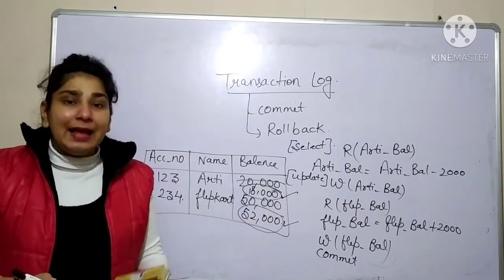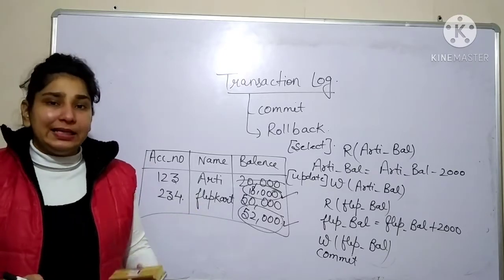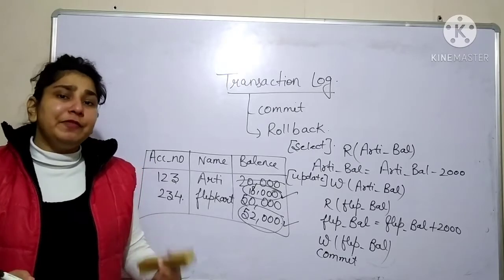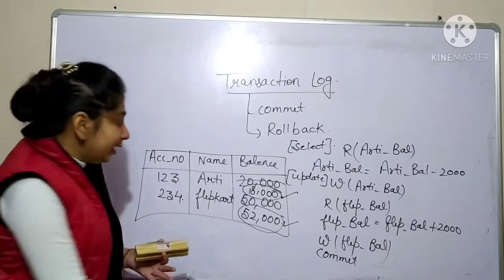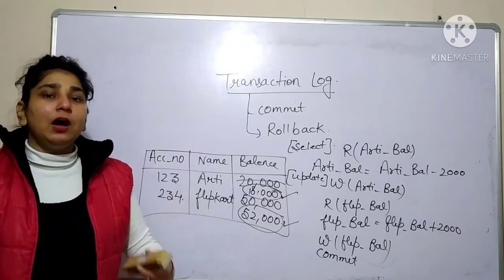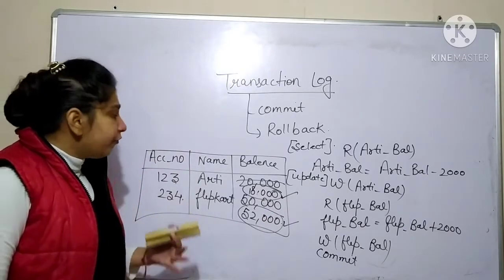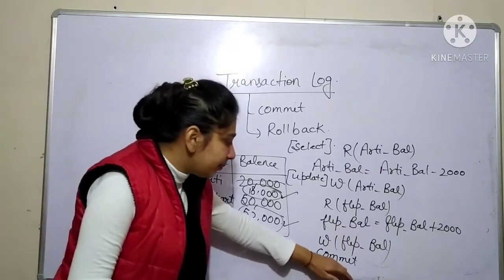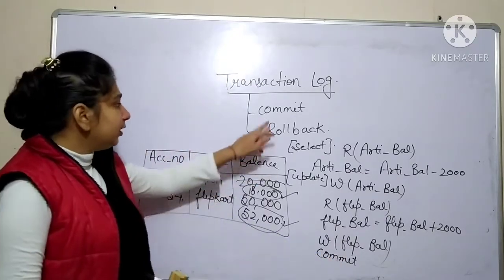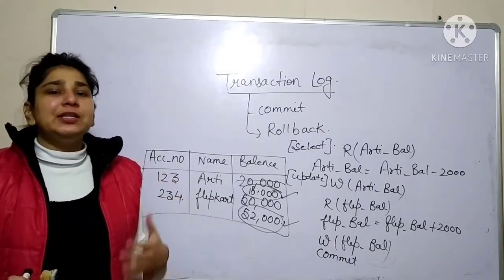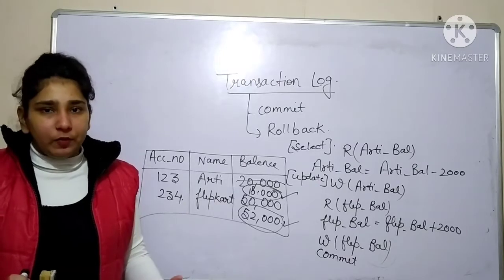After that, even if you get any failure, these values are going to remain the same. They will not be affected by any kind of failure. That is the basic use of the commit operation. It means that your transaction has been successful.